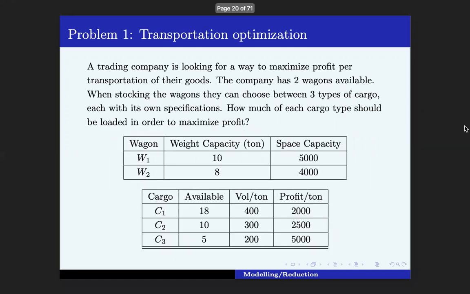So can you now write down problem 1 as an LP? Let me give you a couple of minutes to think about it. I have in fact reduced it; I have made this LP problem smaller. Earlier I had 4 cargos and 3 wagons. Now I've made it 2 wagons and 3 cargos, just to make the instance smaller.